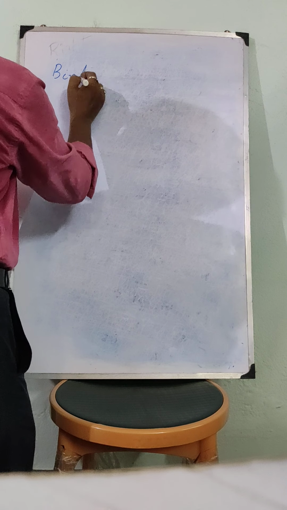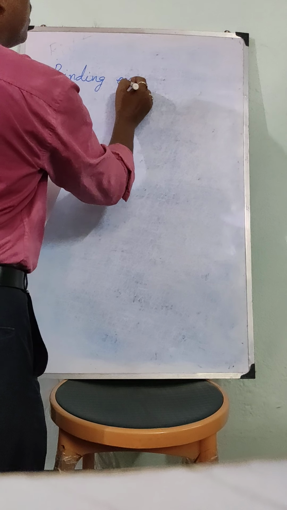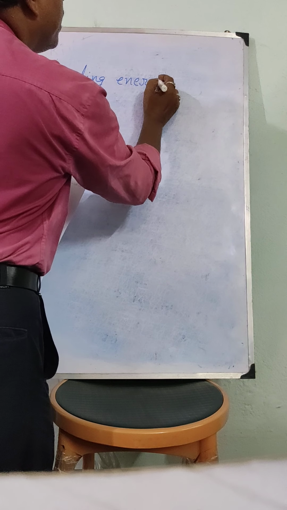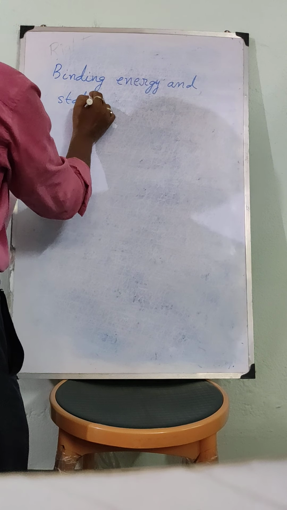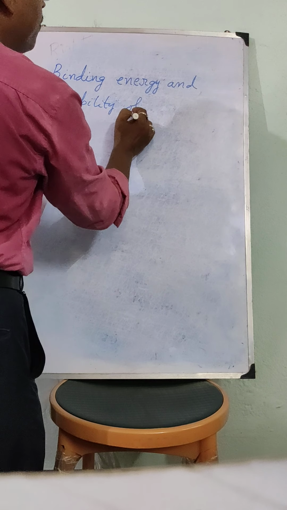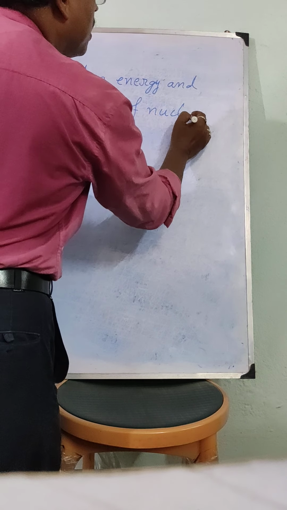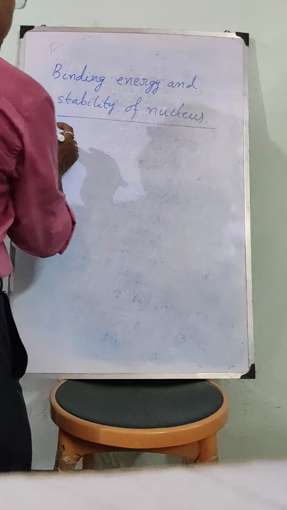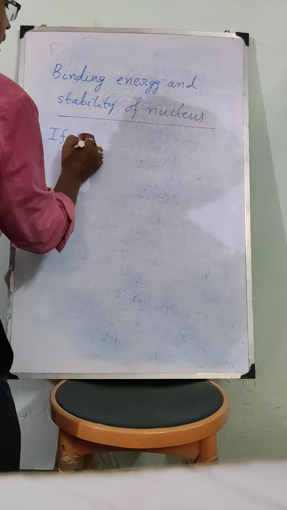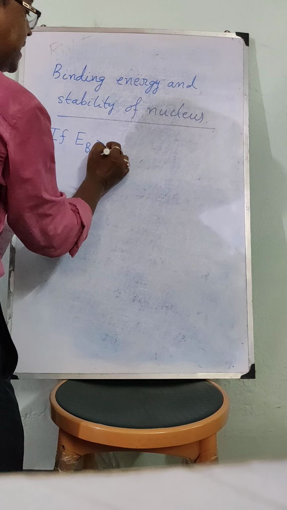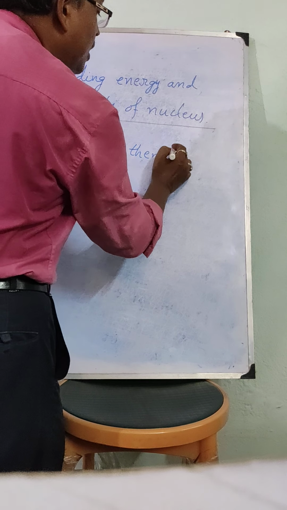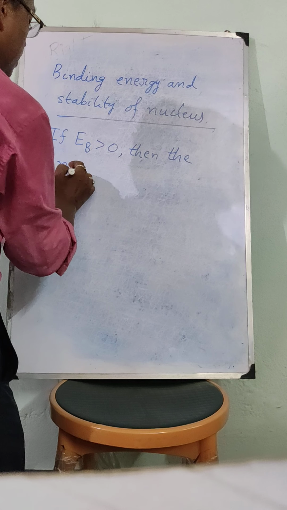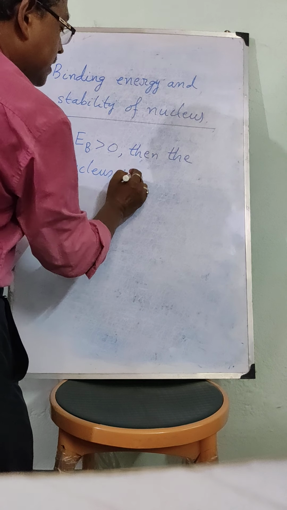Binding energy and stability of nucleus. Now, if for a nucleus the binding energy is positive, that is, if it is greater than 0, then the nucleus is stable.